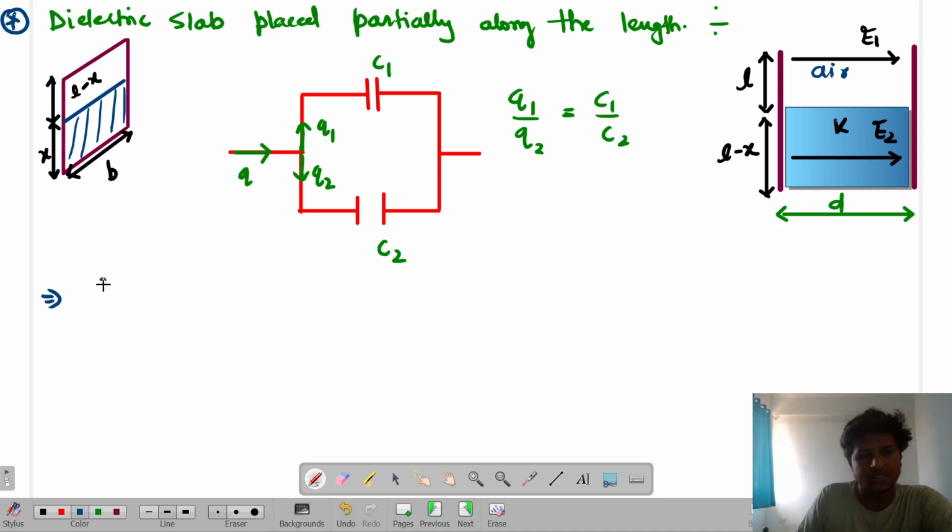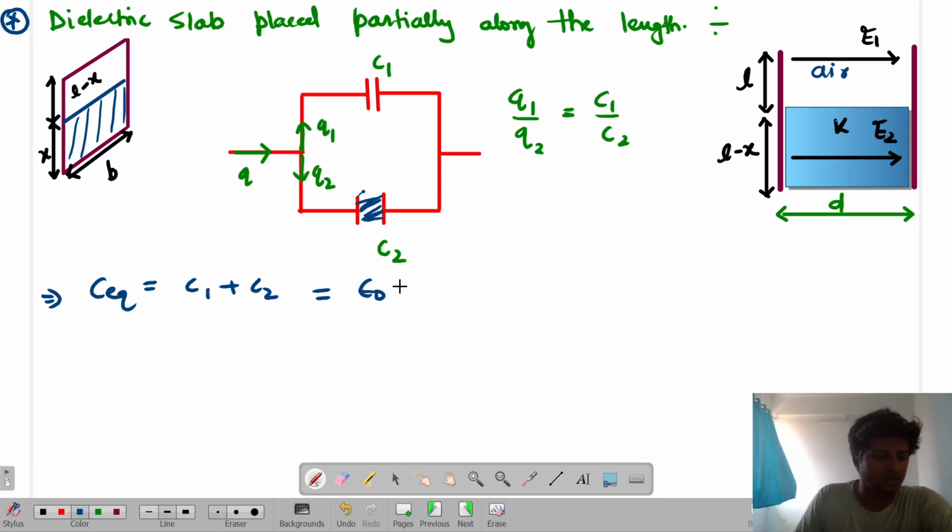And then C equivalent will be written as what? C1 plus C2. This is the filled one, and that one is air. So C1 is how much? Epsilon naught. I will write it as epsilon naught, and this one I'm calling C1, and this is C2.